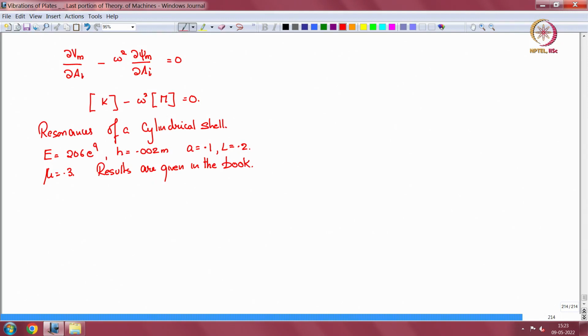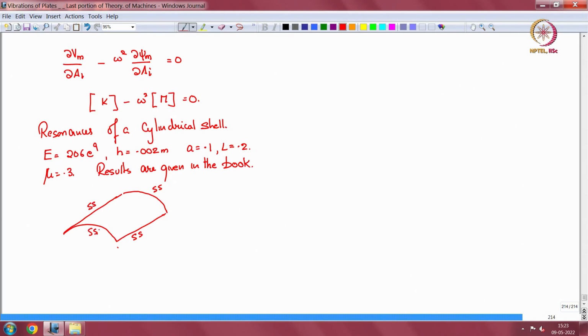Now, if you are faced with a cylindrical panel, it is not fully closed in the theta direction. Okay, so it is not closed in the theta direction, it is simply supported here, here and here.